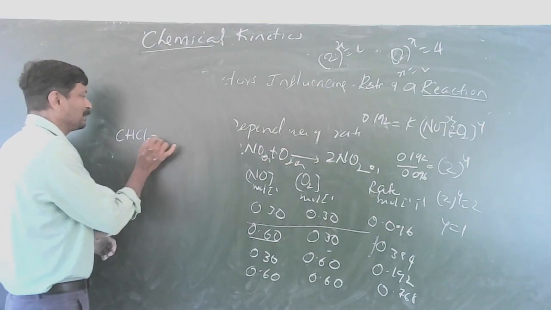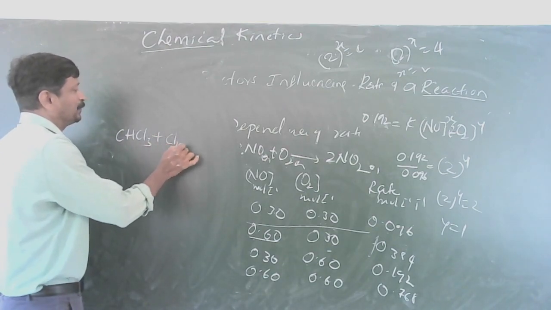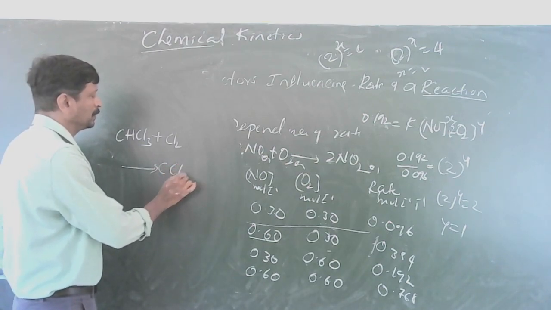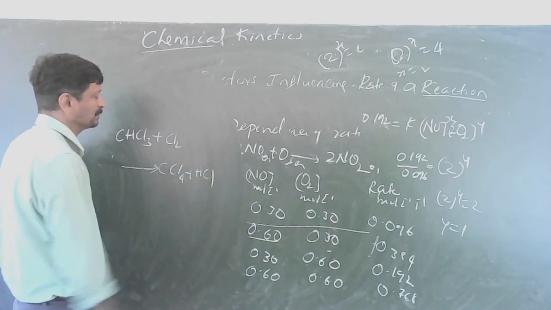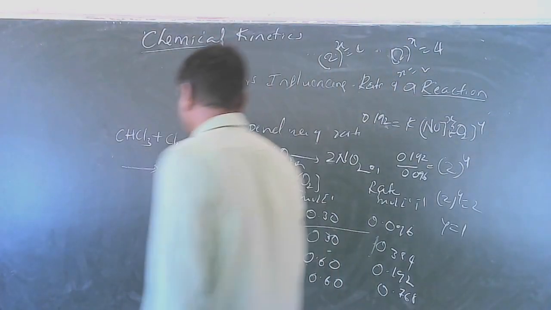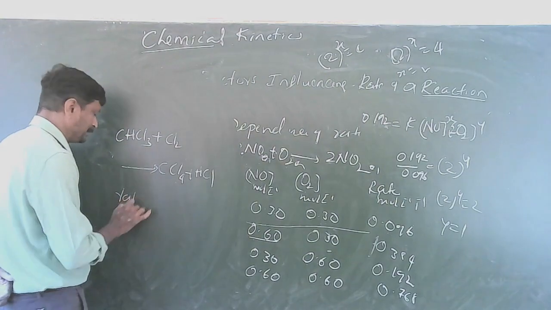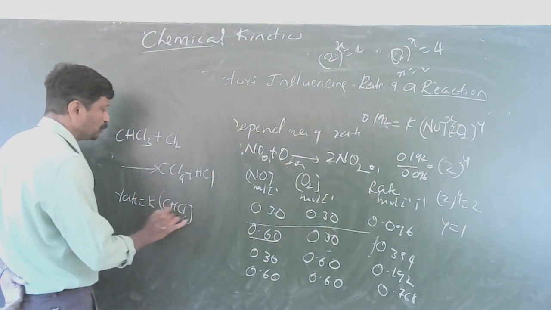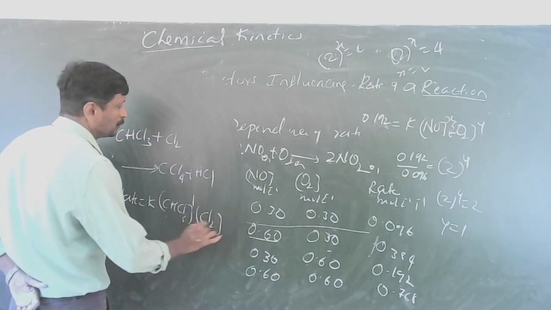Plus Cl2 giving rise to CCl4 plus HCl. A substitution reaction. So here the rate expression is: rate is equal to K into CHCl3 raised to 1 and Cl2 raised to half.